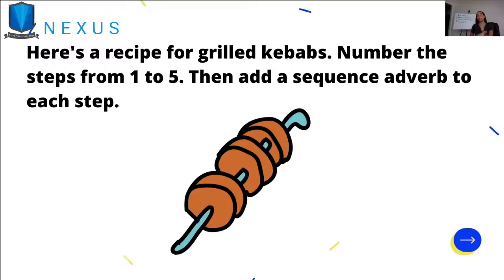A beef kebab, this is the best picture I found, but usually a grilled kebab is pieces of meat and vegetables together, and they are put on a skewer. This is the skewer right here, what goes through the ingredients. So this blue thing is the skewer. I'm actually going to write skewer back here. So let's erase this.